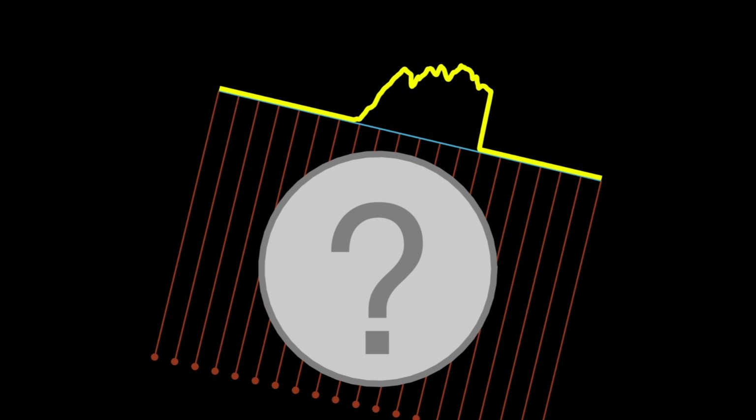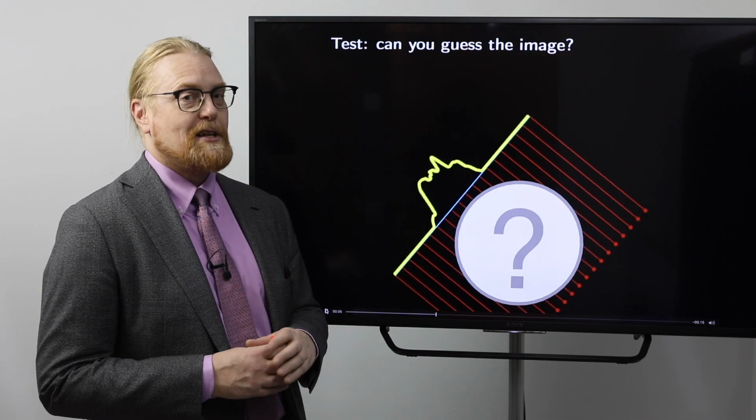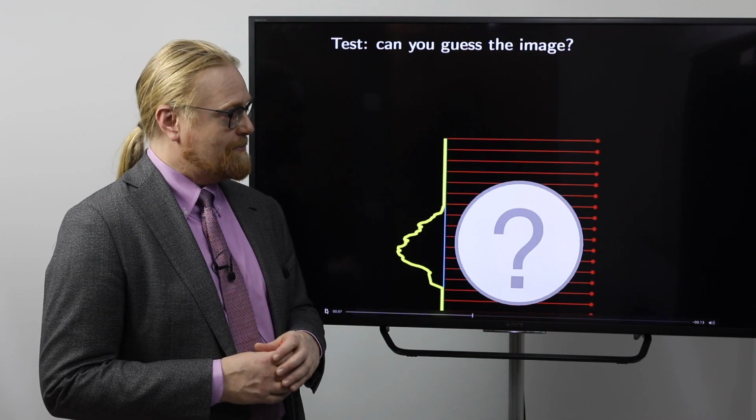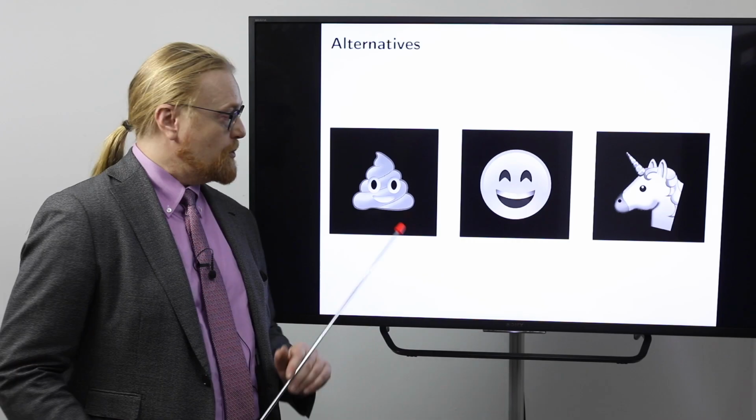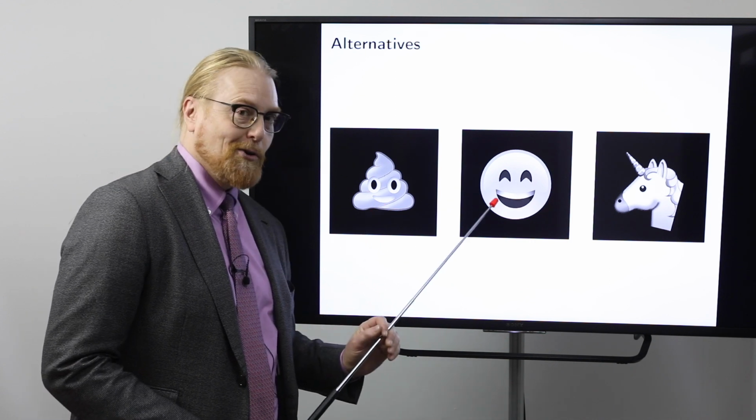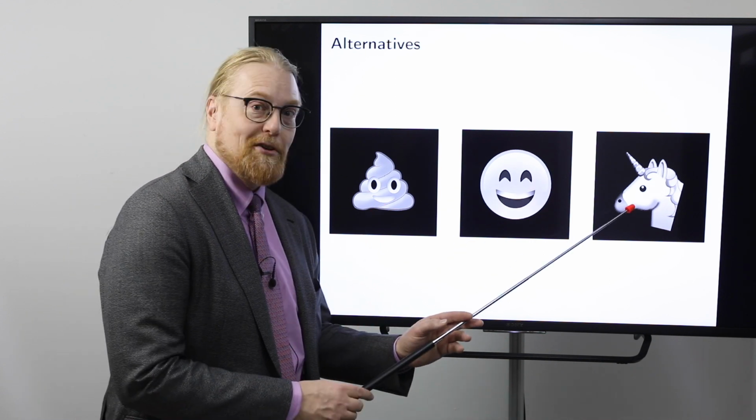And then we'll go to more difficult ones. Namely, this is not only black and white. This written character also has grayscales in it. What could it be? Well, it is one of these emojis: either poop, or smiley face, or unicorn.